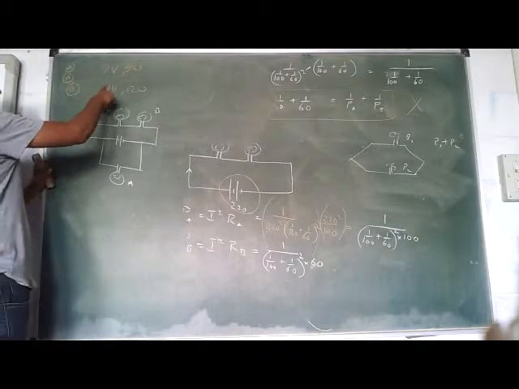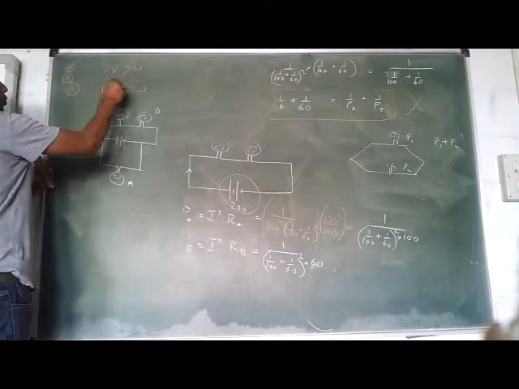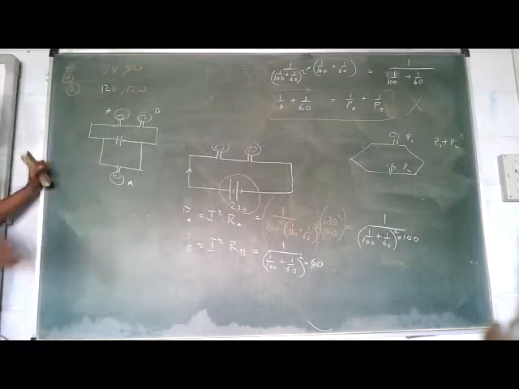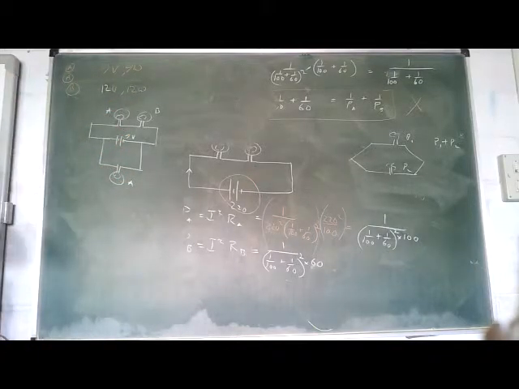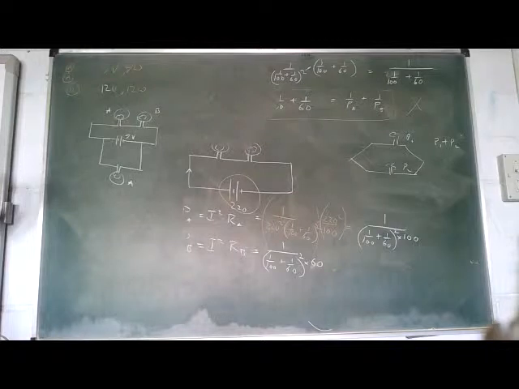Okay, B is 12 volt, 12 watt. It's a 9 volt battery. 9 volt is the battery.